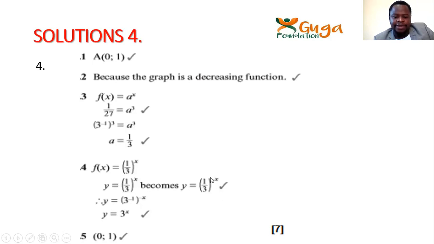So it will be negative x here. Then you change this in the form of a base. It will be 3 to the power negative 1 to the power negative x. So you have got y is equal to 3 to the power negative, and negative negative is positive. So it will be 3 to the power x, right? And then you've got your point 1 after reflection, where they will meet.